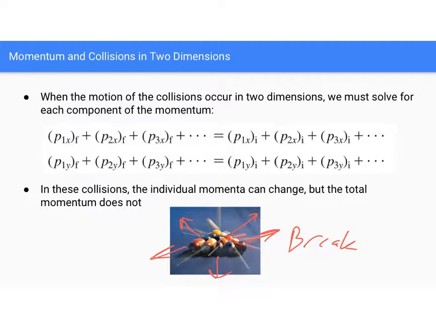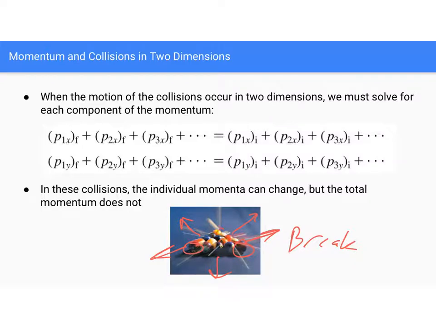And the point is that after the collision, when the motion of all of the balls is added together, the net momentum in each dimension is 0. So that means if a ball goes to the left with some velocity, a ball goes to the right with that exact same velocity.